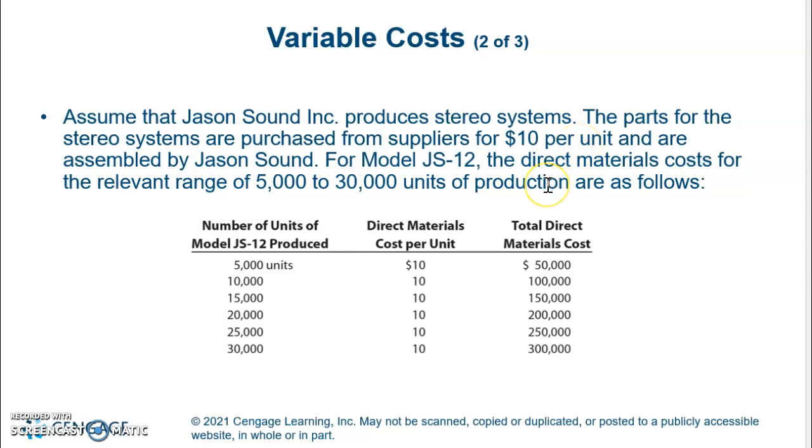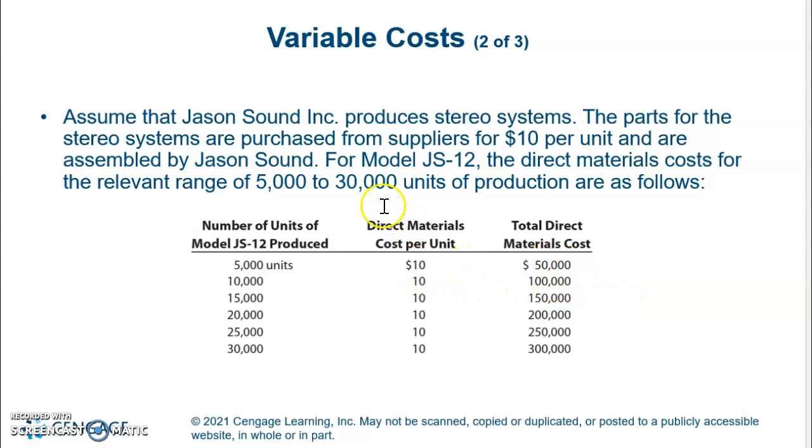That means for every stereo system or unit that is made, we will spend $10. So if we make 0, then we would have 0 variable costs. Then if we make 5,000 units, we will have 5,000 times 10, which is $50,000.